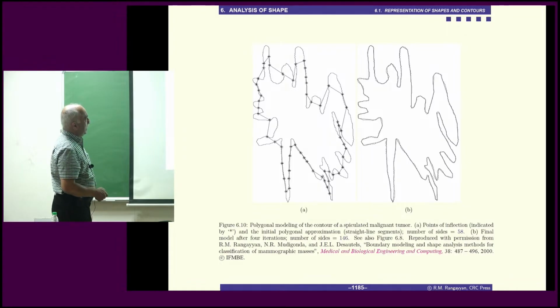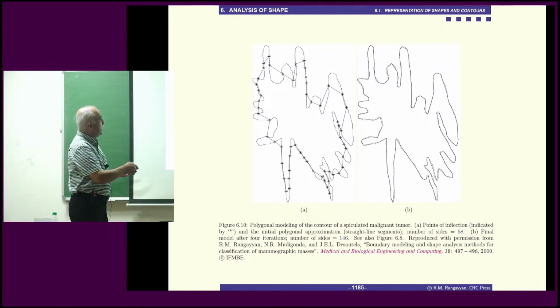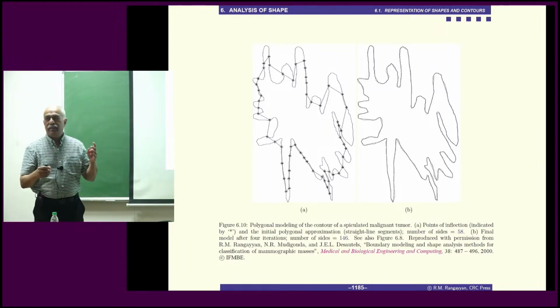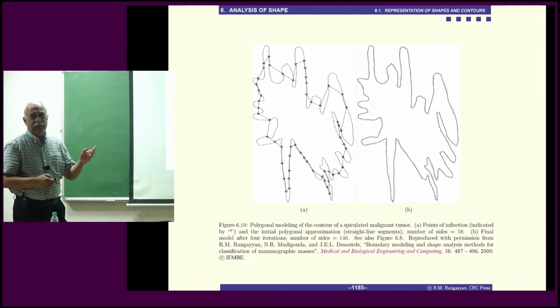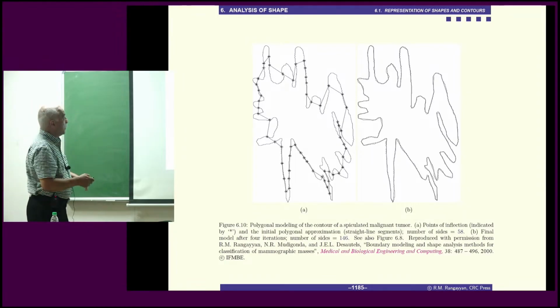So now the algorithm says take one of the sides of the polygon and compare with the actual contour between those 2 points. If the maximum distance between this line and the contour, which is maybe that, is more than some limit, 0.5 millimeters, 0.25, whatever you want, then you say that is not good.